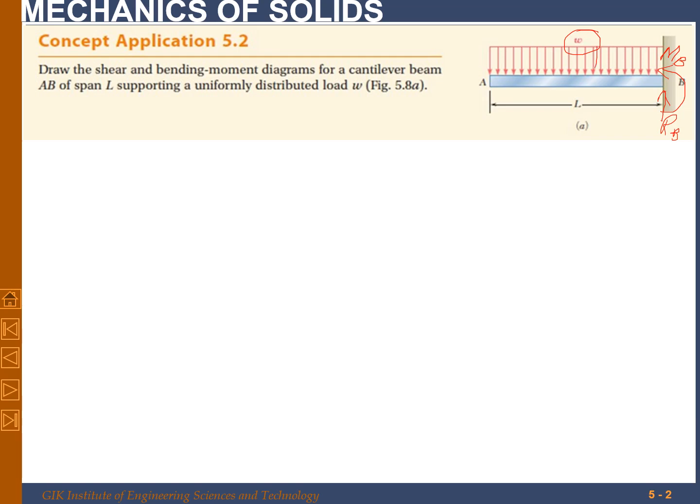Let's suppose we take a section over here and draw a free body diagram for that section, and we will find the internal shear force and bending moment. Due to the loading and the type of support, this shear force and bending moment will be applicable for the whole beam.